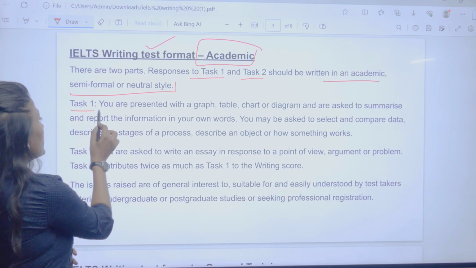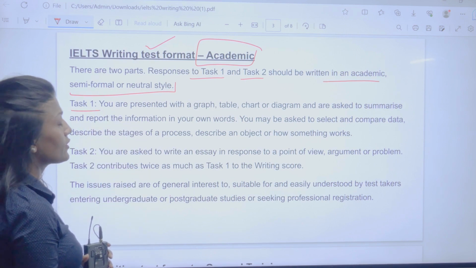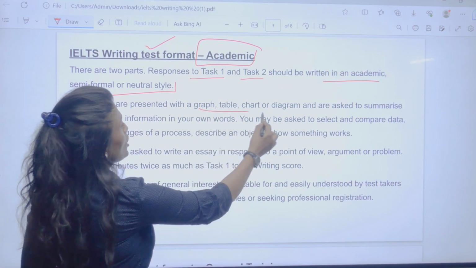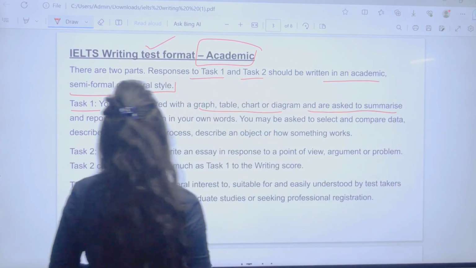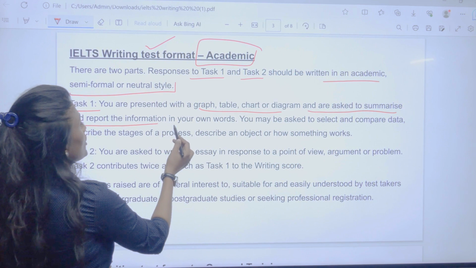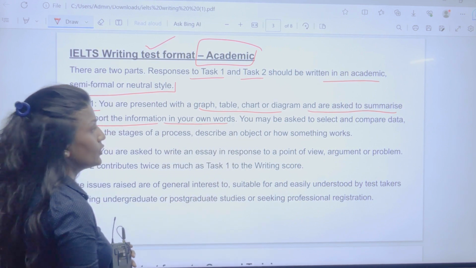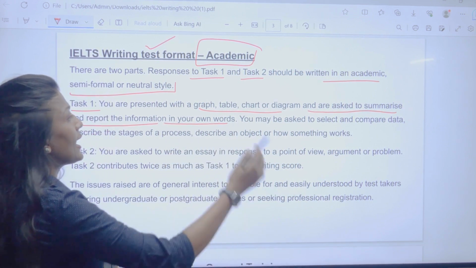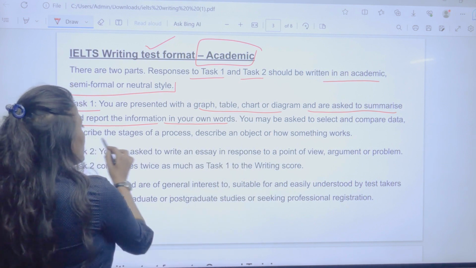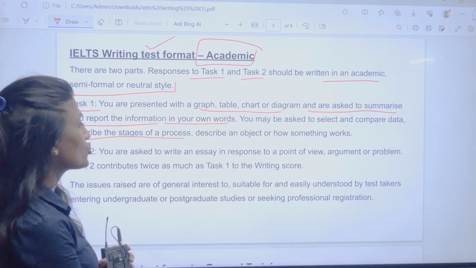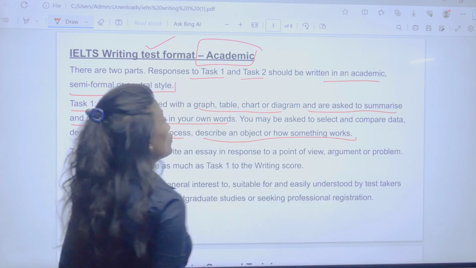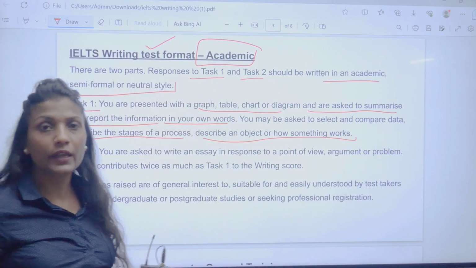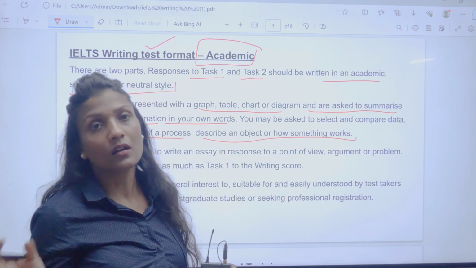In task 1, you are presented with a graph, table, chart or diagram, and you are asked to summarize and report the information in your own words. You may be asked to select and compare data, describe the stages of a process, describe an object or how something works. So it will be purely on academic topics.